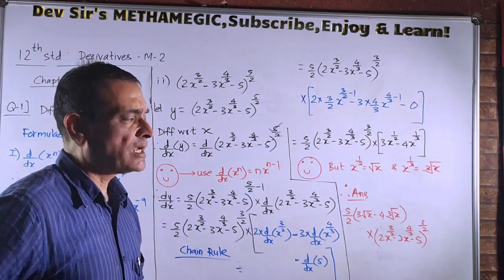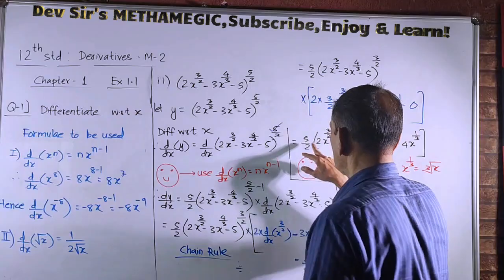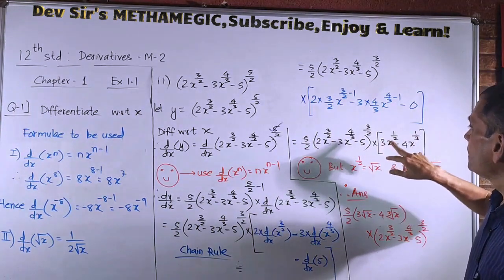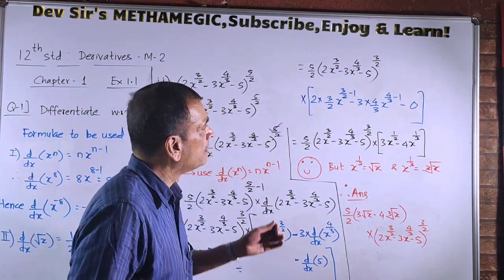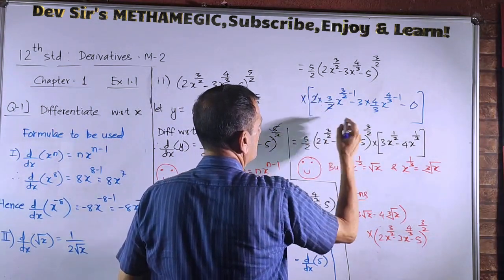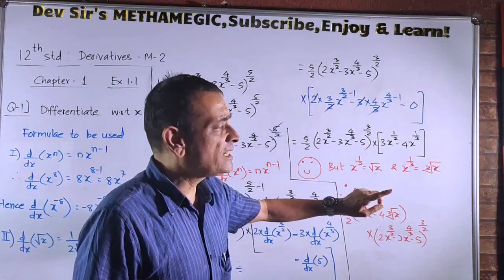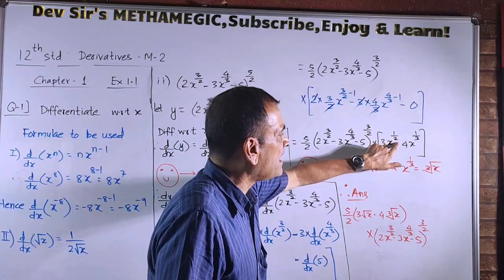Now just basic algebra. We have already got this bracket. Now observe, when solving this bracket, now 2 gets cancelled, 3 gets cancelled. What remains? 3x raised to 3 by 2 minus 1 is half.